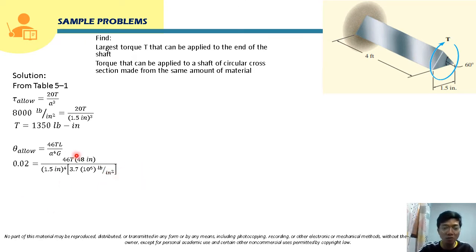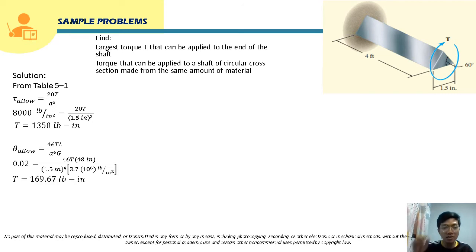Now we can solve for T. Solving for T, this is just 0.02 times 1.5 to the 4th times 3.7 times 10 raised to 6 over 46 times 48.